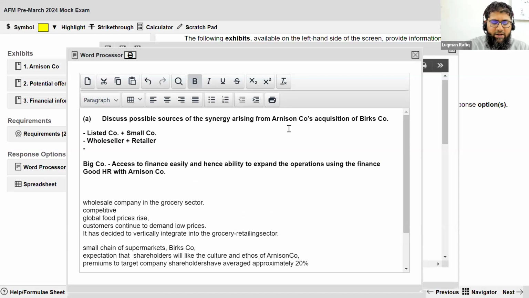Then the margins are not leaked out in the markets, but rather retained in-house.